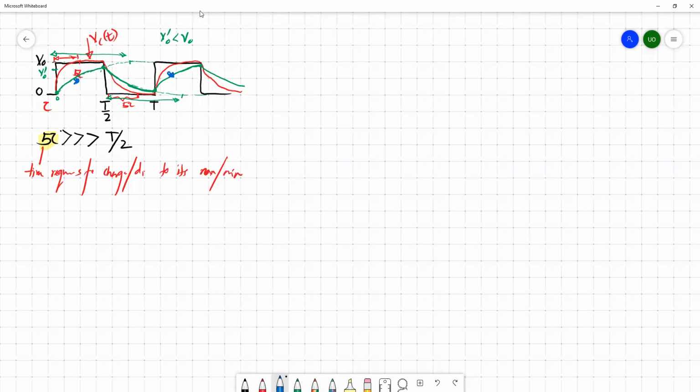This is also the same, but the difference between these two charging processes is that here the initial voltage is 0, and here the initial voltage is not 0, it's slightly above 0. So if you keep the profile as it is, with the resistor and the capacitor at the same values, then this value is slightly less than this one, because the initial voltage is not 0 for this one. So it's slightly developing.